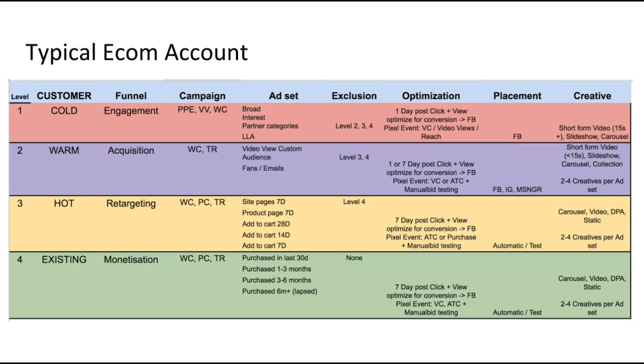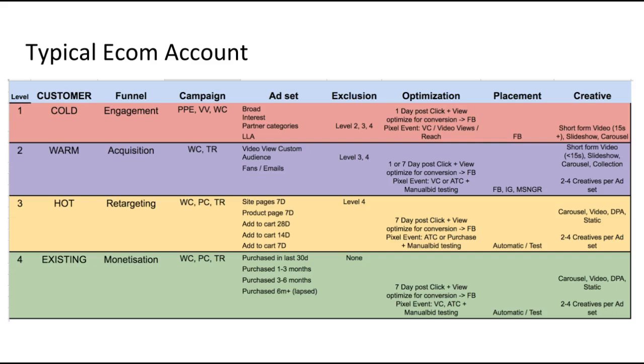And this is where I'm bringing in broad interests, partner categories, lookalikes, behaviors, etc., and running website conversion campaigns to try and generate sales, to scale up, to bring traffic into the site, and using page post engagement for testing. Video views is a combination of both. So it really depends on the type of product and the average order value that we're working with.